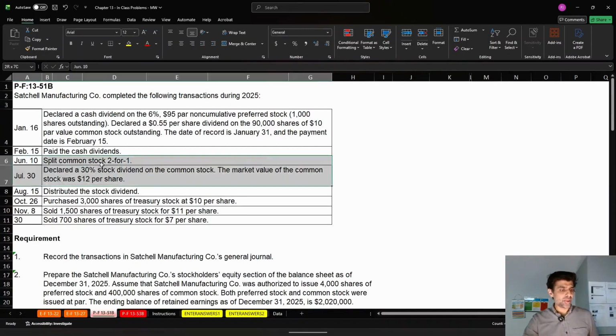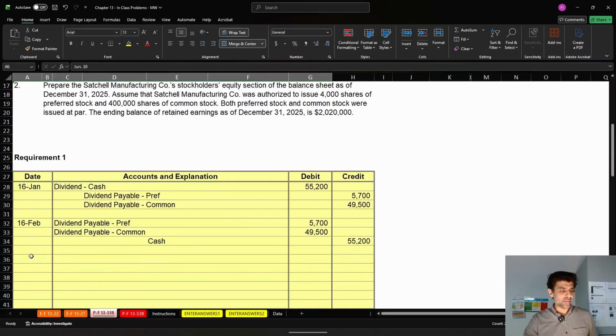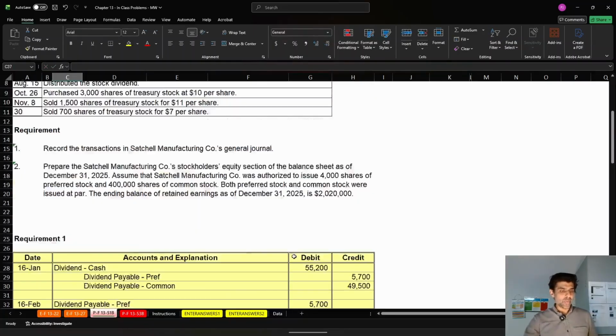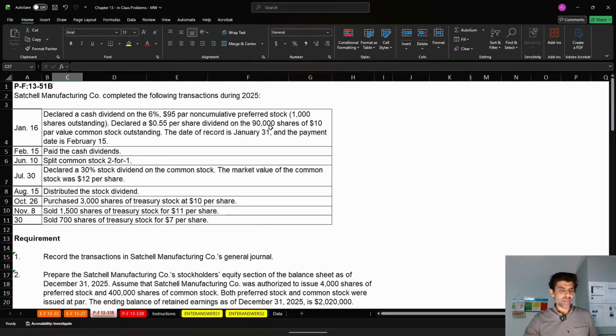Okay, stock split, June 10th. Do I need to do anything for this? Any journal entry required? No, no journal entry. But what I want to do is make sure that I know how many shares are outstanding now. How many shares of common stock are there?